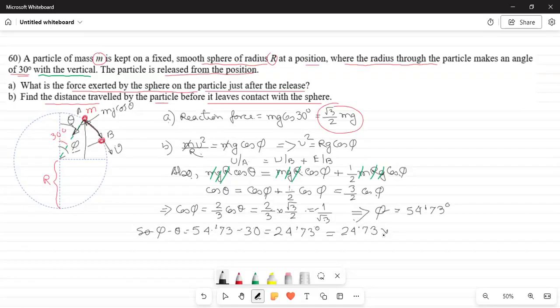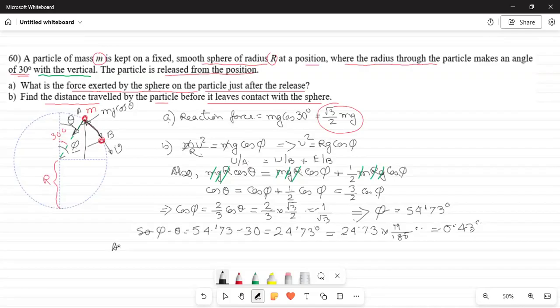This 24.73 degrees, if you calculate, is 24.73 multiplied by pi by 180 radians. This is equal to 0.43 radian. And so what is the distance traveled?